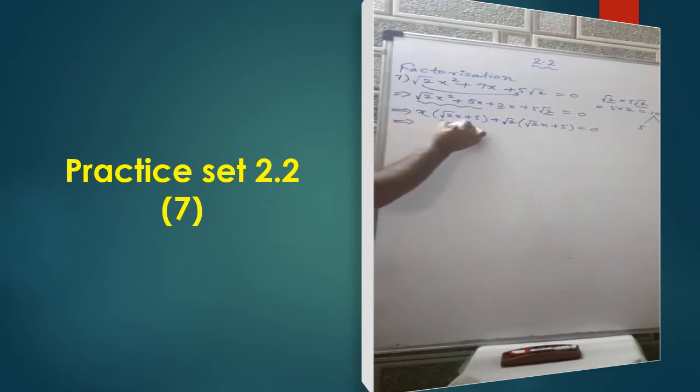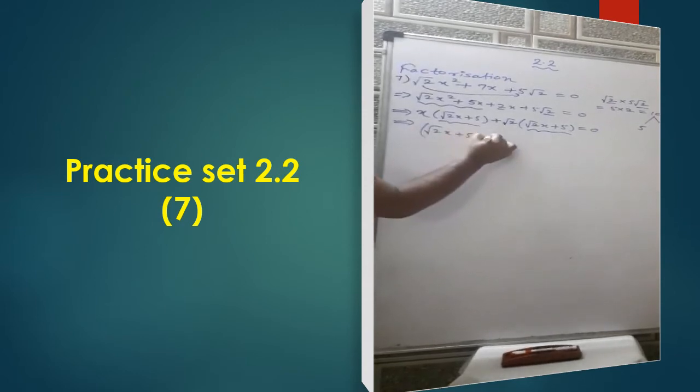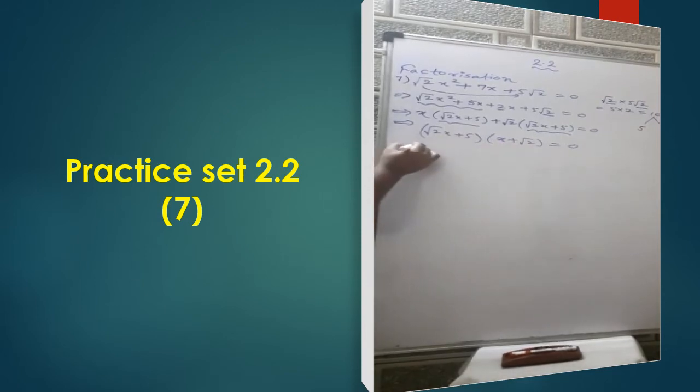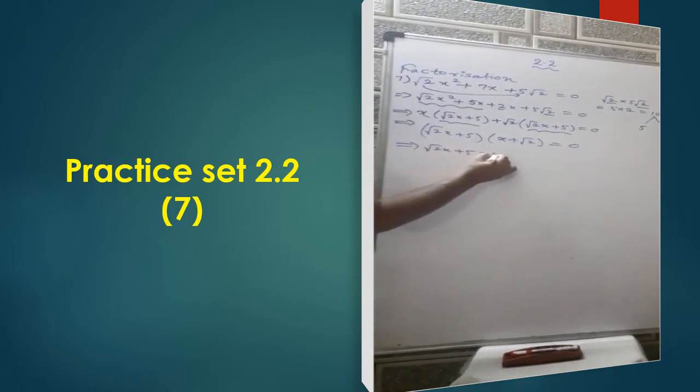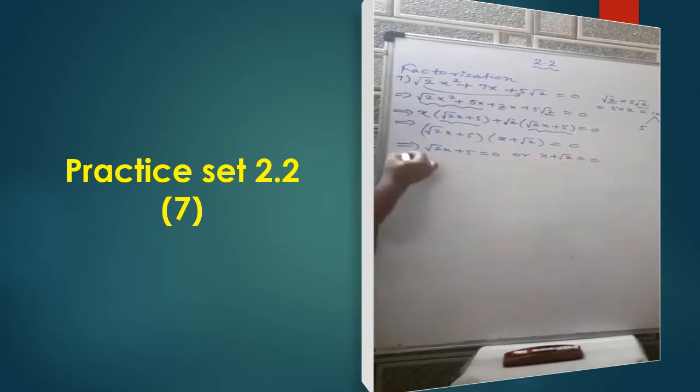So root 2x plus 5 is a common bracket. So we write a 1. What remains now? X plus root 2 that equals 0. So therefore root 2x plus 5 equals 0 or x plus root 2 equals 0.